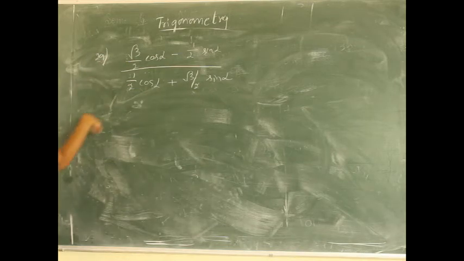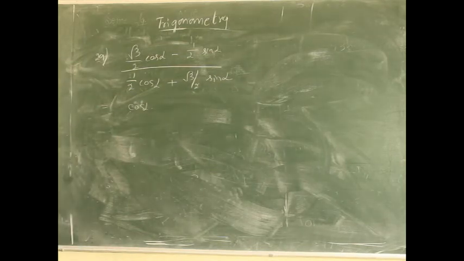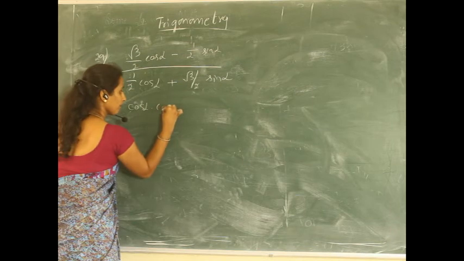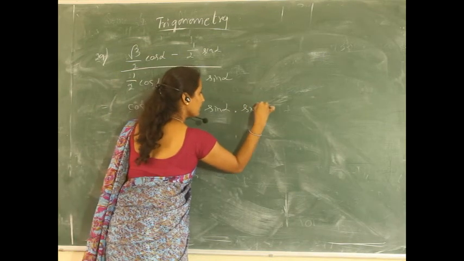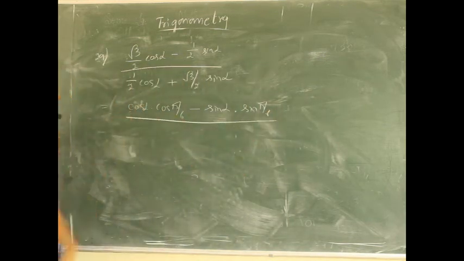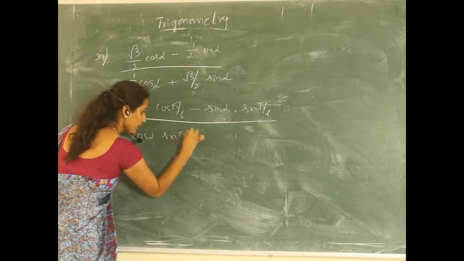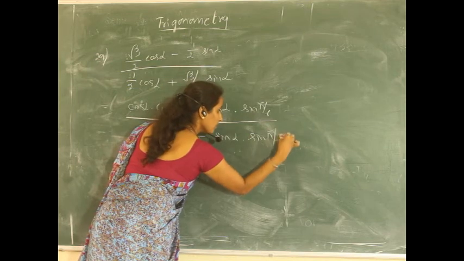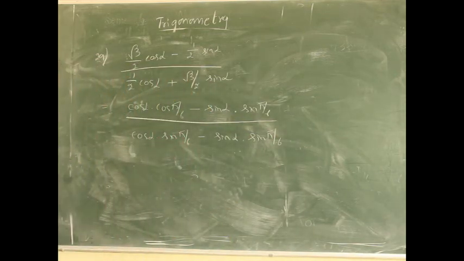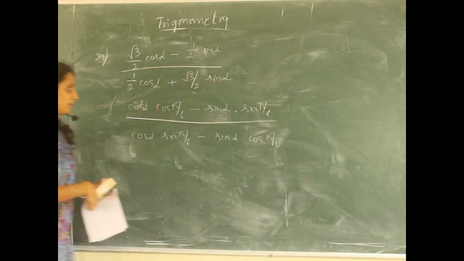Now I will write cos alpha as it is. Cos alpha into, I will write root 3 by 2 as cos pi by 6, minus sin alpha into sin pi by 6, whole divided by cos alpha into sin pi by 6 minus sin alpha into cos pi by 6.